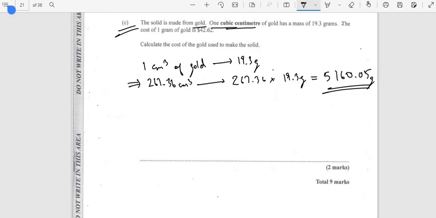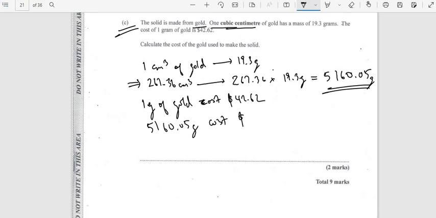Now we're told that the cost of 1 gram of gold costs $42.62. So if 1 gram costs $42.62, then imagine what 5160.05 grams would cost. Of course, it would cost what 1 costs times the amount, which is 5160.05.